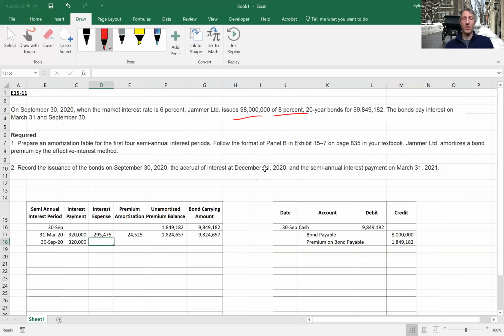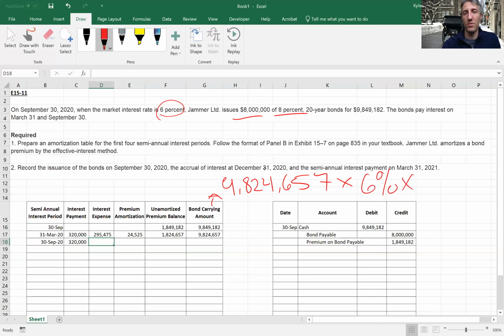The interest expense, though, is going to be, remember, the carrying amount of the bond here, which is 984,657, multiplied by the market rate, which is 6%, and then prorated to 6 months of the year. So that's 984,657 multiplied by 6% multiplied by 6 months of the year, which is 294.